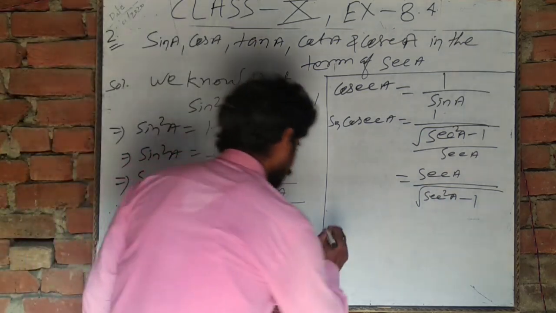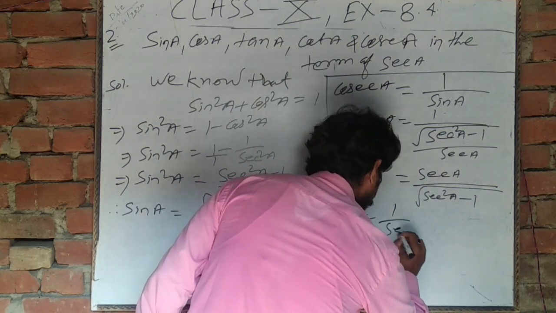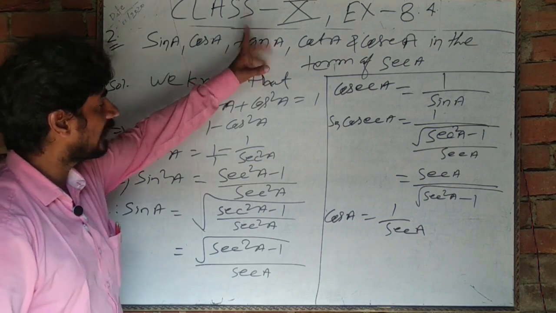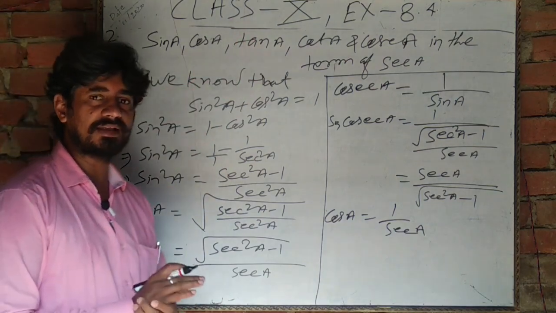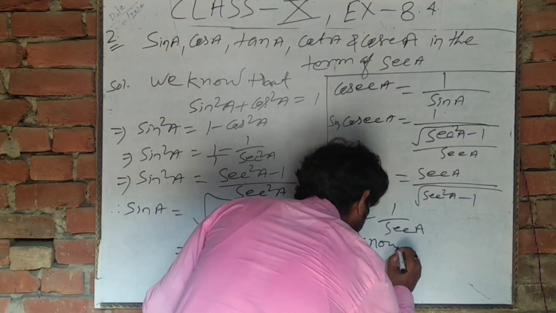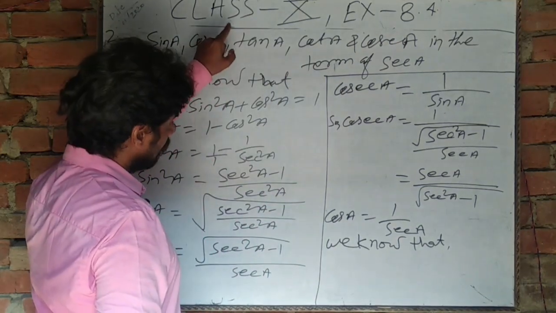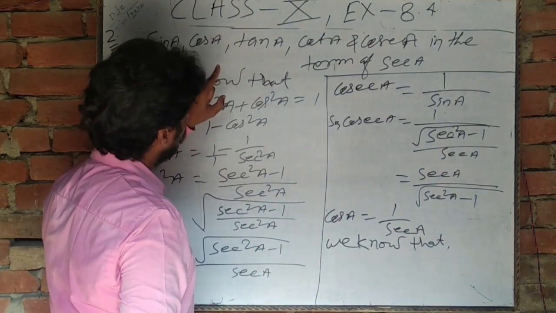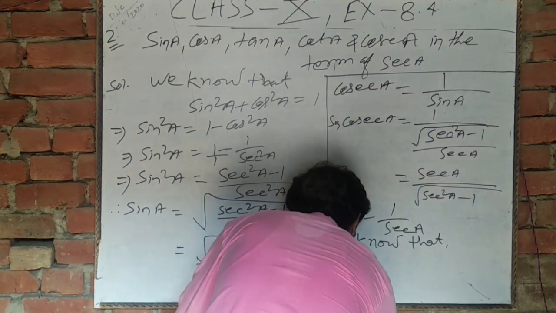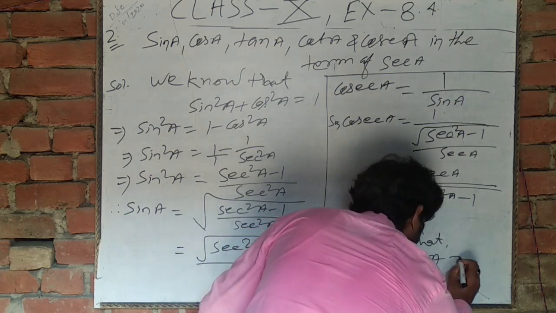After that, cos A. Cos A means 1 by sec A. After that, tan A. We know that sec square A minus tan square A is equal to 1.